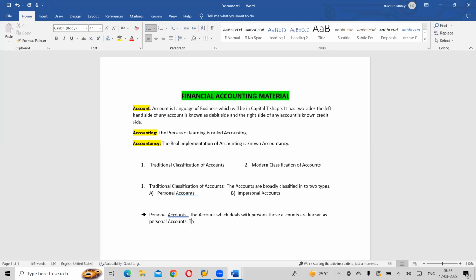The personal accounts are further classified into three types: natural persons, artificial persons, and representative persons.